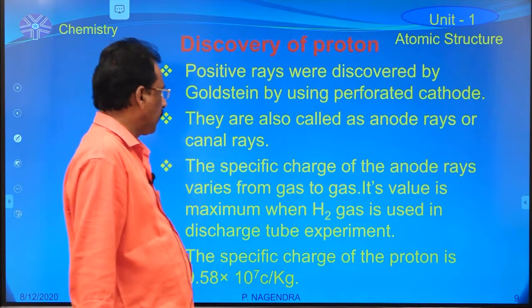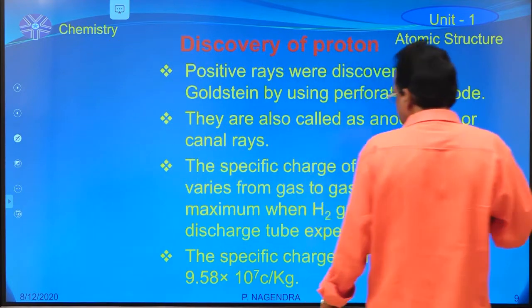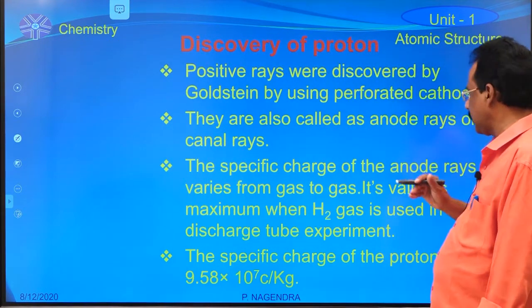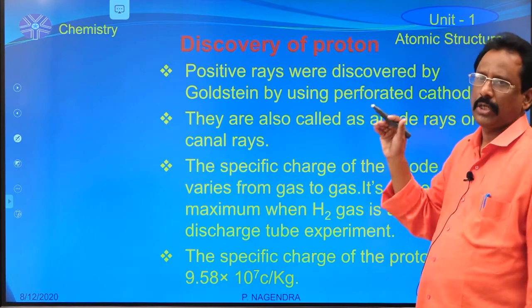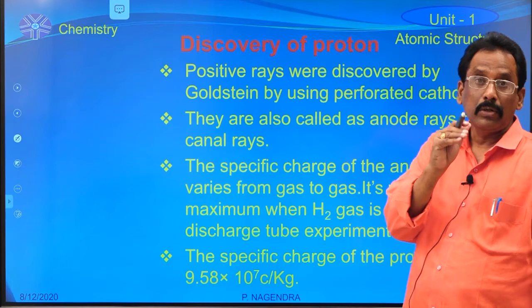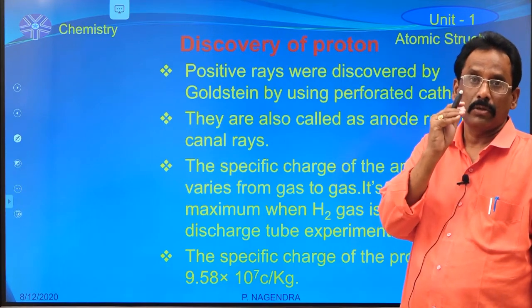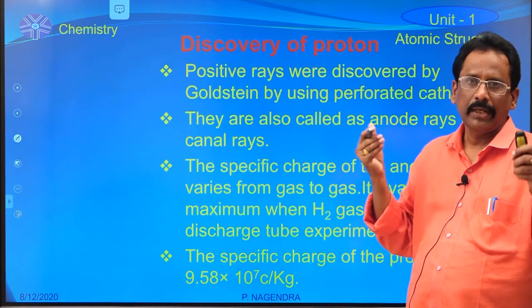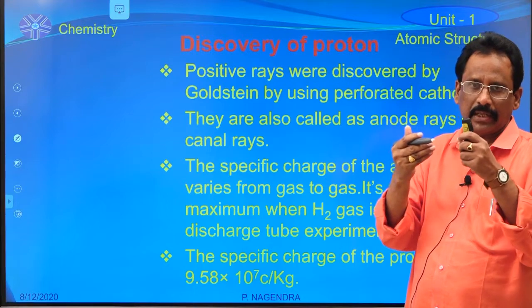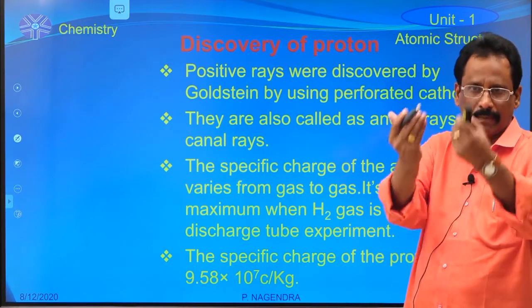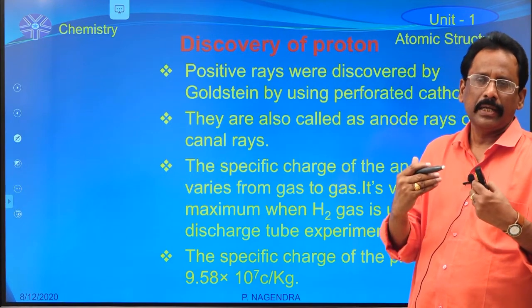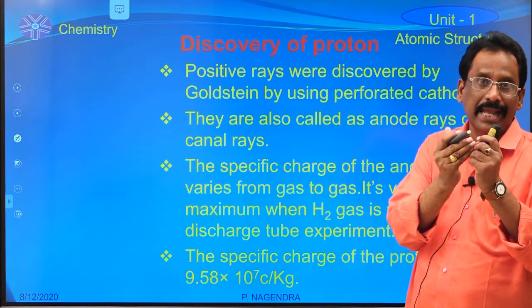Very important point is Goldstein discovered the fundamental particle proton by using hydrogen gas in discharge tube, because hydrogen gas consists of hydrogen molecules. When the hydrogen gas is subjected to electrical discharge, the molecules absorb the energy and split into hydrogen atoms.